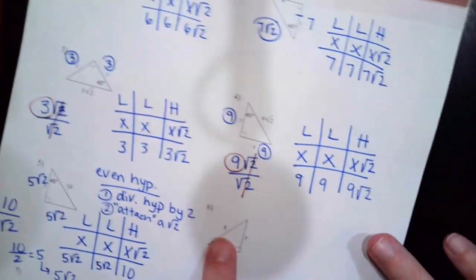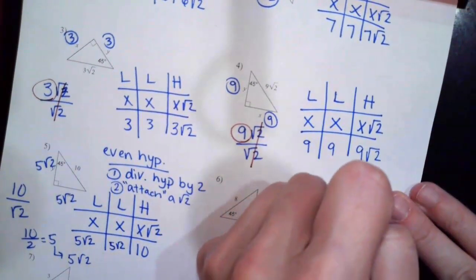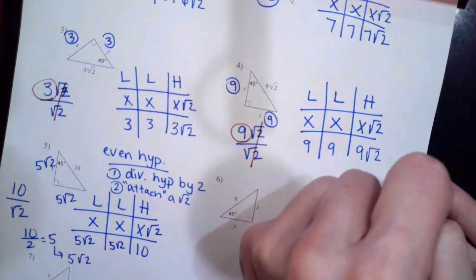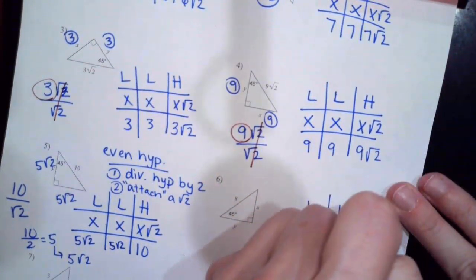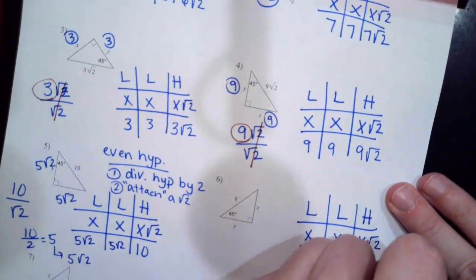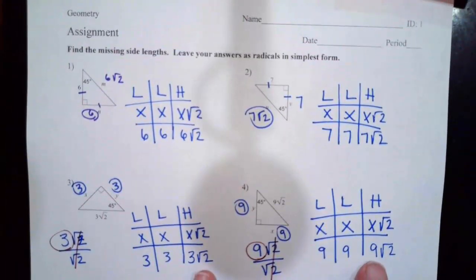Alright, so just like on this one, this gives you an 8 for your hypotenuse. And again, like I told you guys up here, we had to divide by the radical 2 to get rid of it.